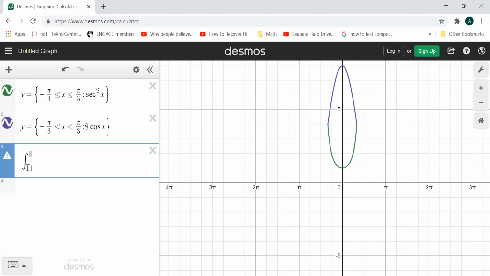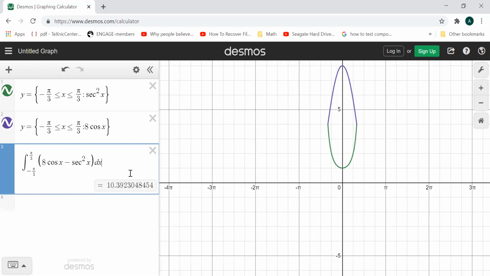So I'm going to say here negative pi over 3, and up here pi over 3. And down here, the function at the top was 8 cosine x minus, and the function at the bottom is secant squared x. All right, and that is dx.